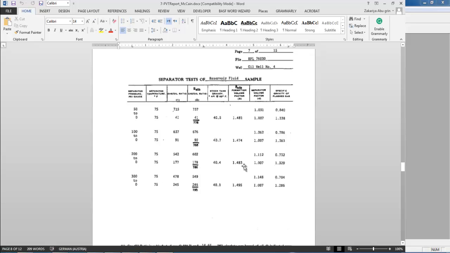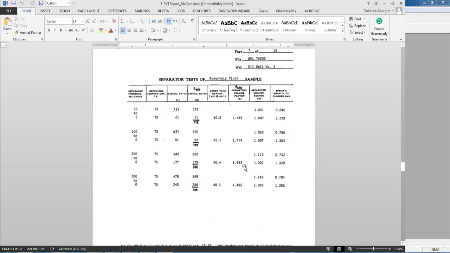How can we evaluate this data before we start? This is lab data, and we performed different measurements, or the same measurement at different conditions. So which one is the best for you? First of all, why do we do this? Separator test. We do this to find the optimum condition for my fluid. What does it mean, the optimum condition?